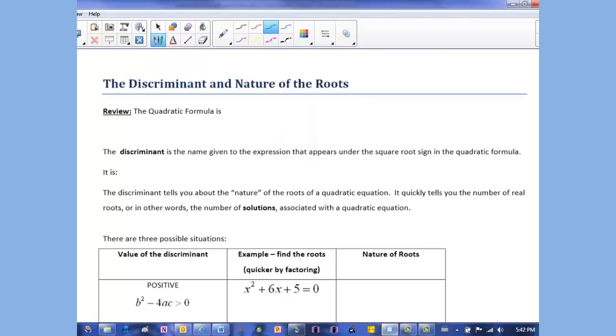Let's look at page number 2. So the quadratic formula, we said it was x equals negative b plus or minus the square root of b squared minus 4ac, over 2a.